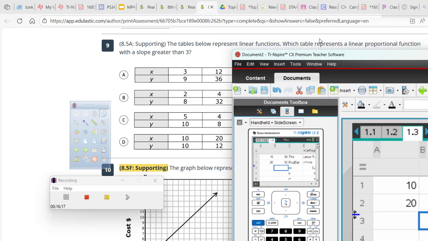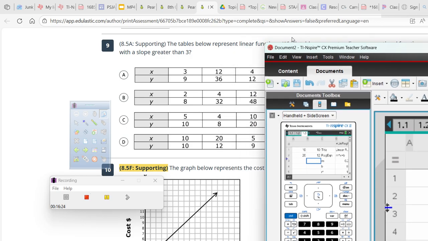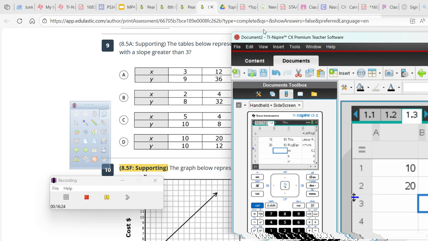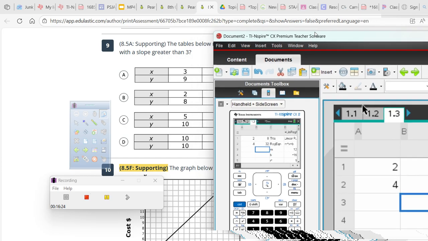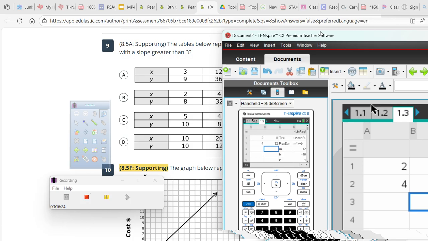So for the proportional ones, are they still greater than 3? I don't see any of them greater than 3, unless they put the numbers in the wrong place. 2 and 8. 4 and 32. 2 and 8.